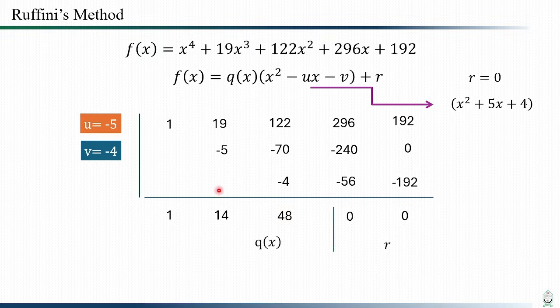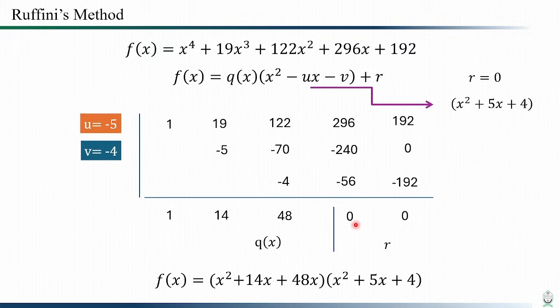From here we can divide this part, the q of x will have these coefficients and the remainder will be 0, which in result turns out to be this. The value of the q of x function looks like this, and the x square minus ux minus v is given by us, so that the remainder remains 0.